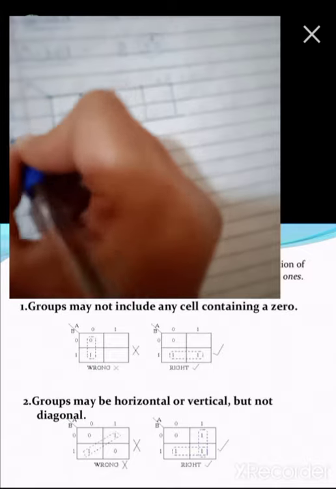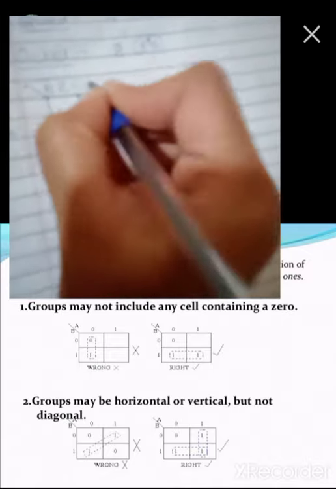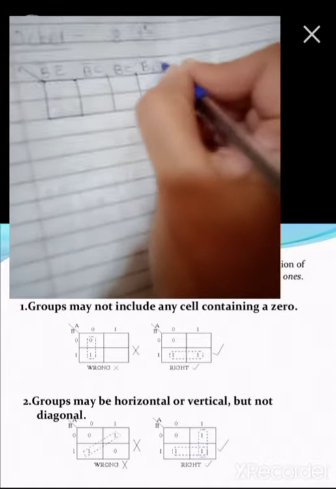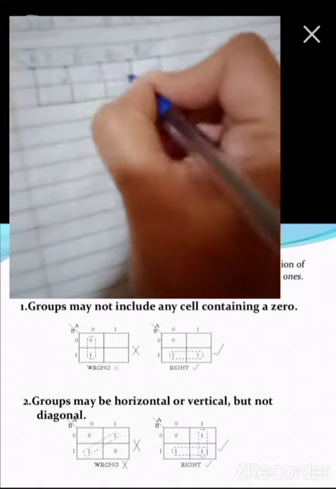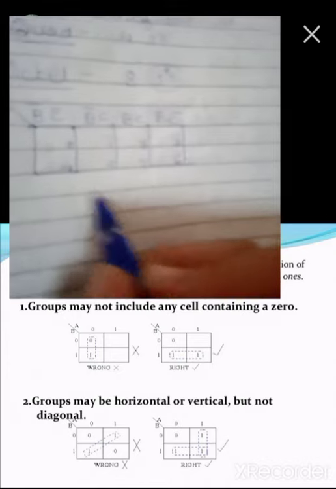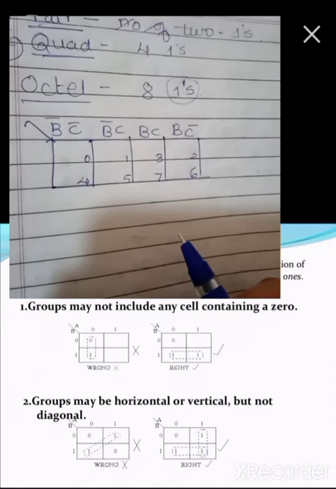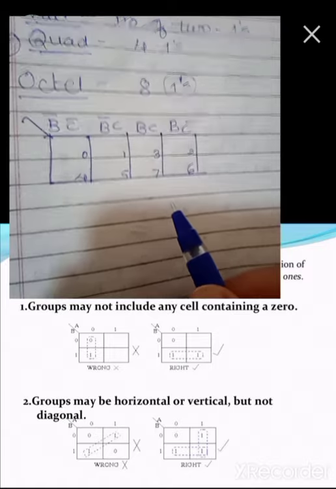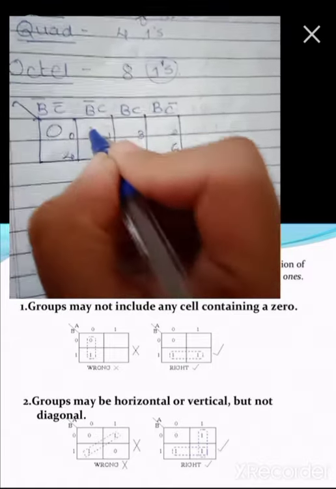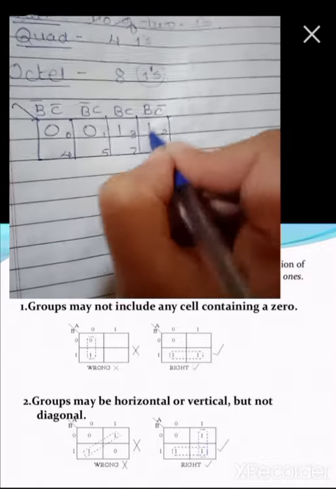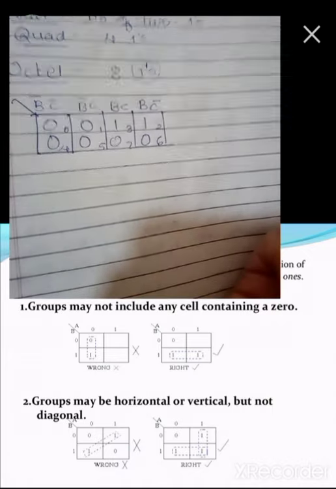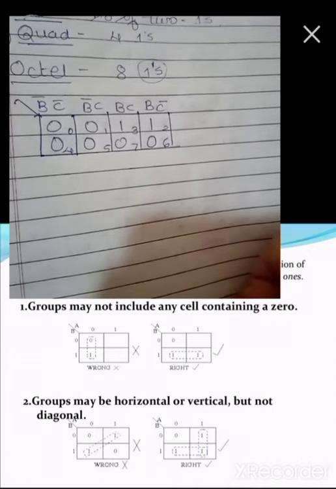That means A bar, A, B bar C bar, B bar C, B C, B C bar, with numbers 0, 1, 3, 2, 4, 5, 7, 6. These cell numbers we have designed. So we have plotted the 3 variable K-map with these numbers. Now the K-map is given in your question like this. Right. So this K-map is given and you have to solve the equation.